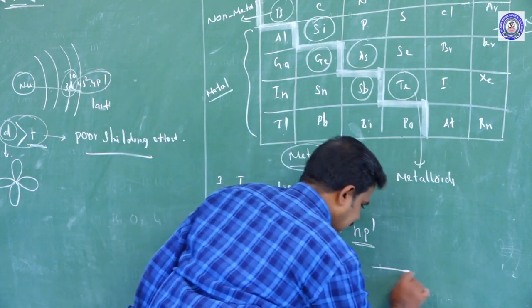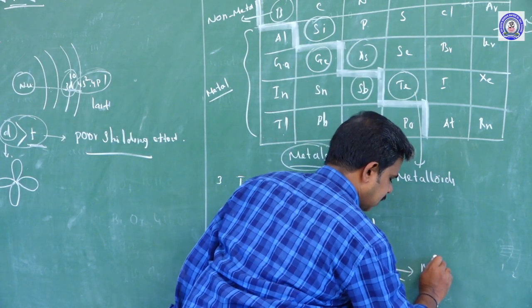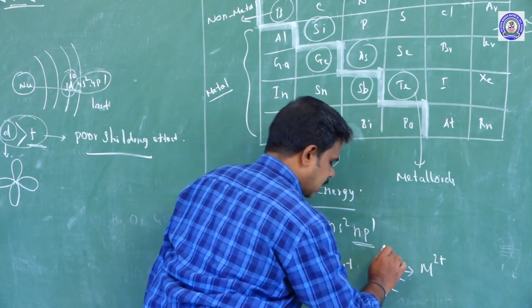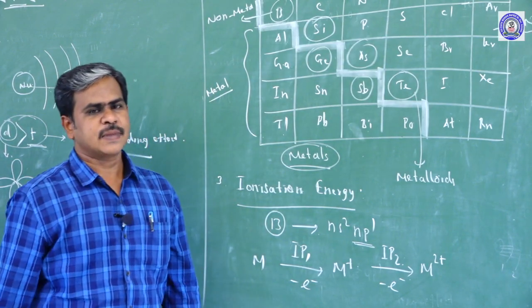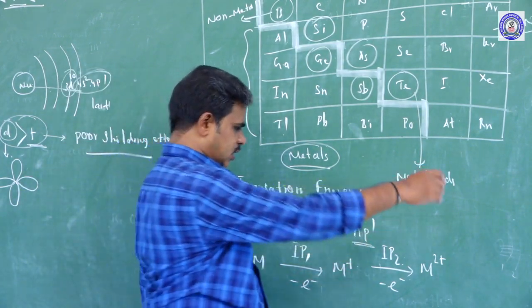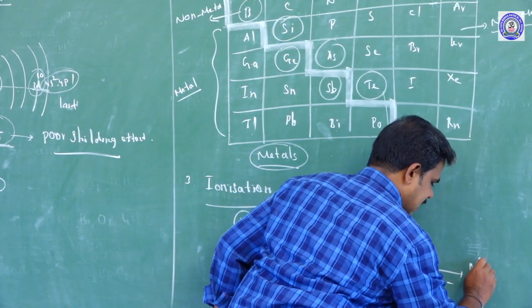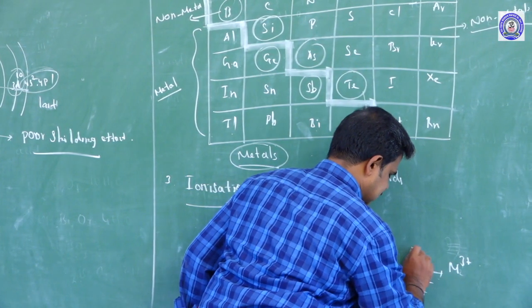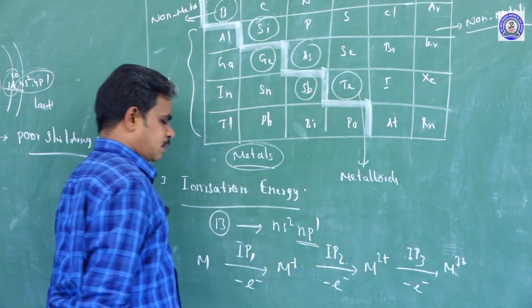Then one more electron is lost and the metal becomes a 2+ cation, and that is nothing but the second ionization potential. And when one more electron is lost, it is the M3+ ion, and that is IP3, the third ionization potential.